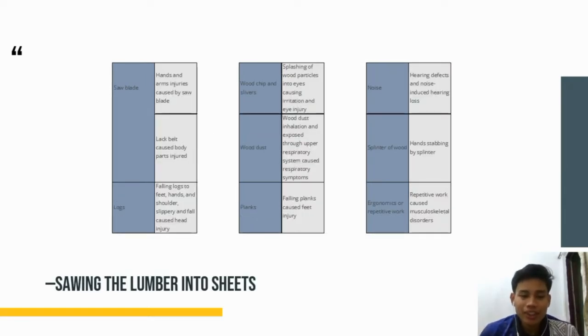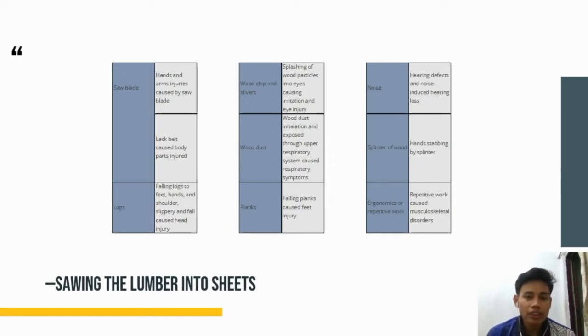The next activity is sawing the lumber into sheets. The hazard that we have is from the saw blade, which will cause hand and arm injuries, or the log bell causing body part injuries. Then the hazard is from the logs, where falling logs hit the arms, hands, and shoulders. Also, slipping and falling cause head injury.